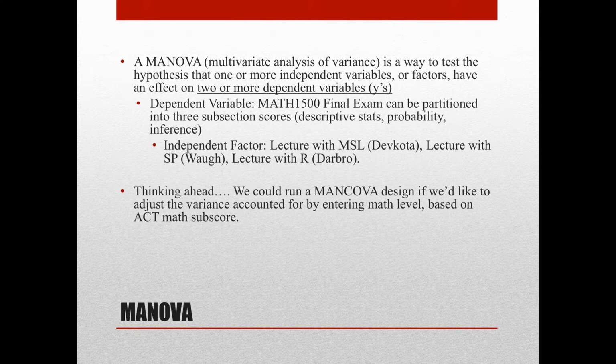And I don't think it's beyond the stretch of imagination that students who score high in descriptive statistics may also score high in probability and inference. So stepping back and considering that those three measurements may be highly correlated is not beyond the stretch of the imagination.